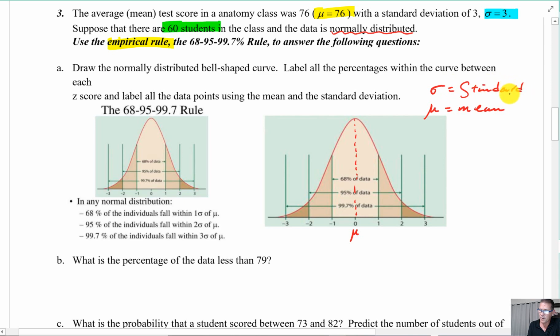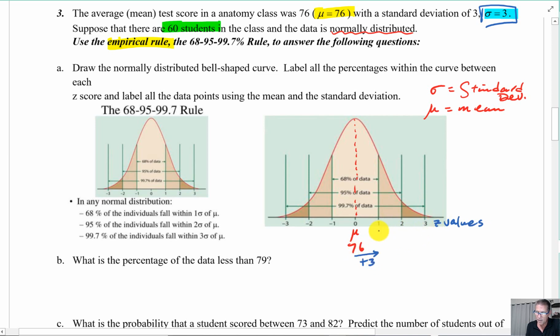Standard deviation, sigma. And the mu is always in the center of the data. Okay, now in this case, the mean is 76. So let's write that down here. And standard deviation is 3. So when we add 3 this way, okay, plus 3. Again, these are the z values here already labeled. Z equals 1, 2, and 3.